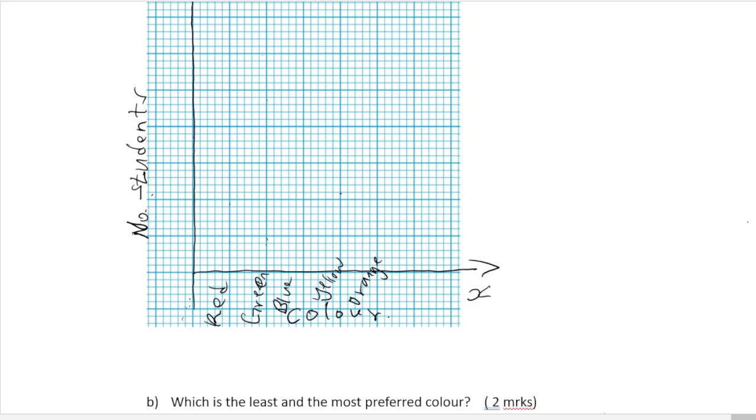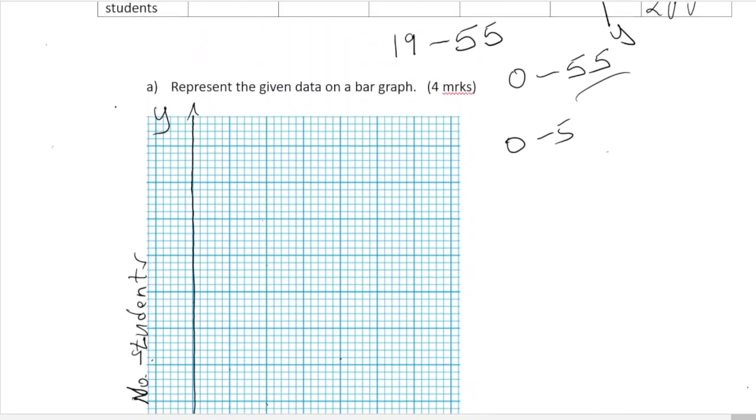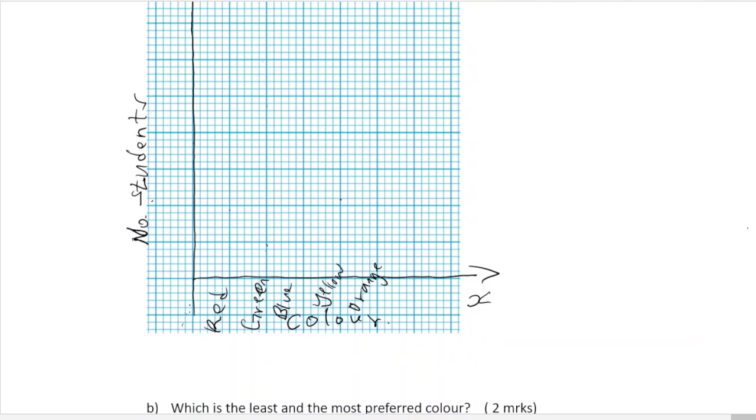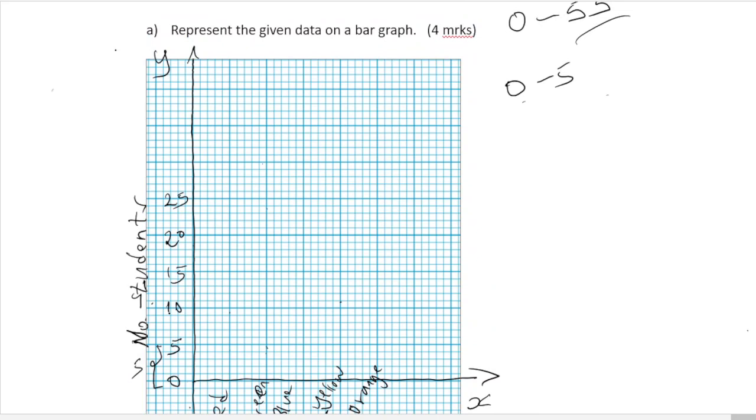With that information, we also need to scale our y-axis. We said if we take between 0 and 5, let's try that one. Your scale should be consistent. From 5, we go to 10, 15, 20, 25, with a difference of 5 students each time, then 30, 35, 40.